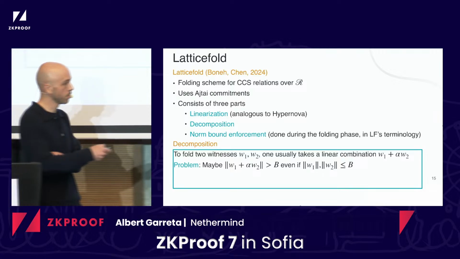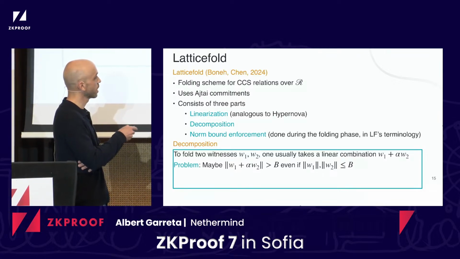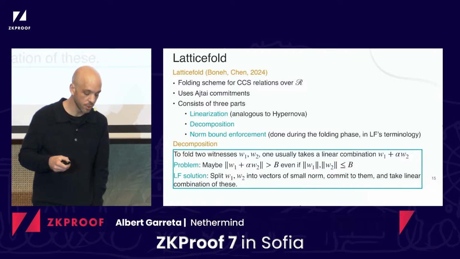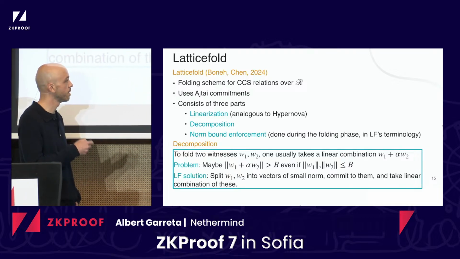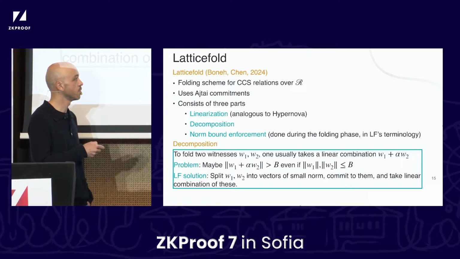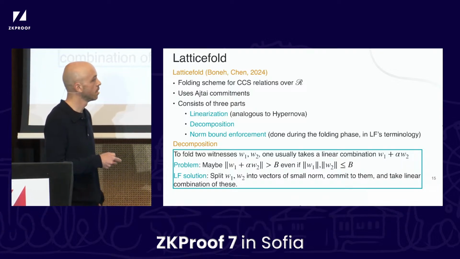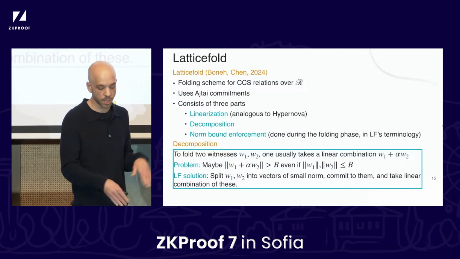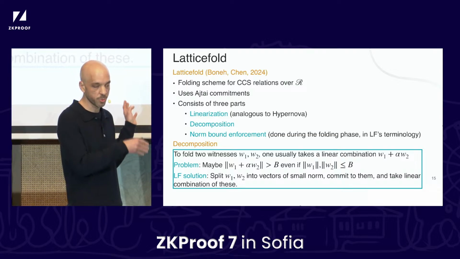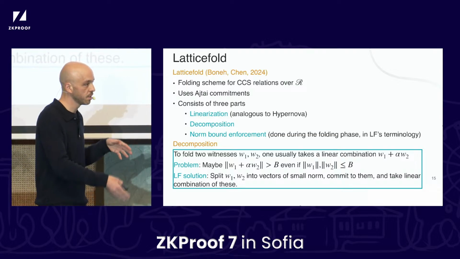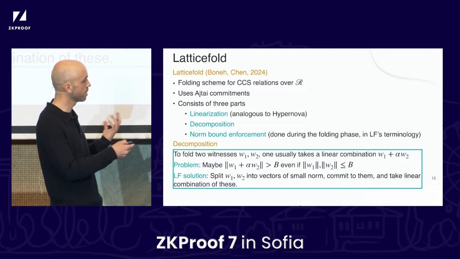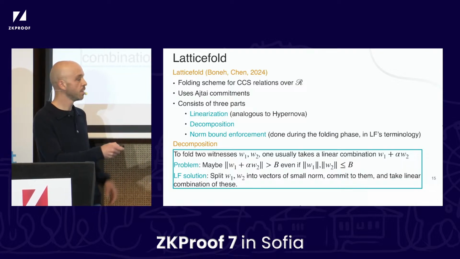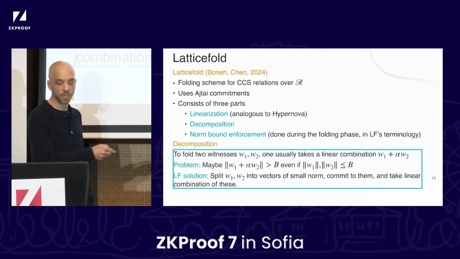This cannot happen because then the resulting Ajtai commitment is not binding. So the solution proposed in LatticeFold is to split the witnesses into chunks of small norm, and then commit to them and take a random linear combination of these chunks, having one random challenge per chunk. The random challenges are sampled in a certain set so as to ensure that when you combine all the chunks with these challenges, you get something that has norm at most B.